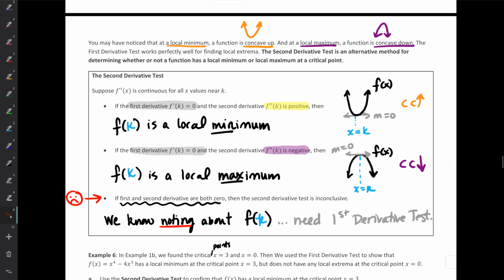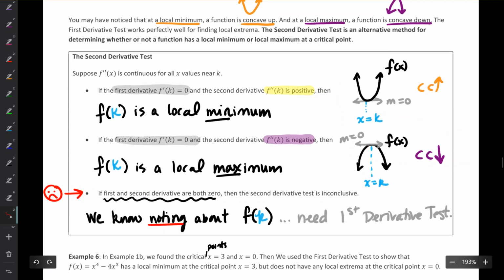Okay, so this is how the second derivative test goes. Suppose that your second derivative is continuous for all x values near k. If your first derivative is 0, so we've got a horizontal tangent to my function at x equals k, and my second derivative is positive, that looks like concave up.